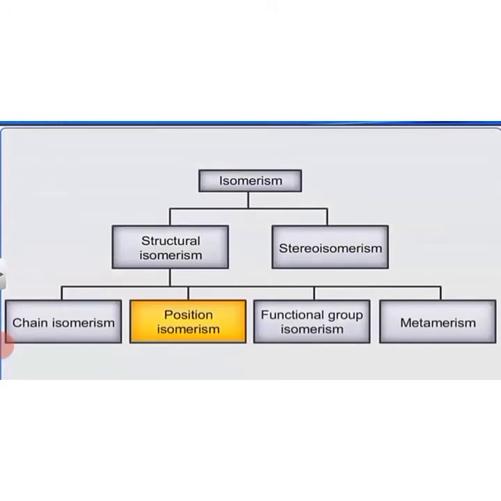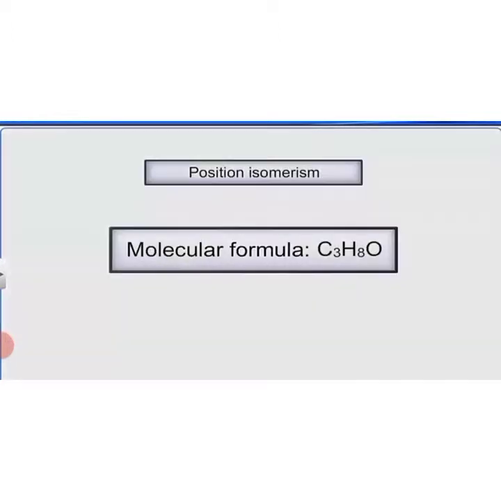Compounds that have the same molecular formula, same chain, but which differ in the position of the substituent or functional group are known as position isomers, and the phenomenon is known as position isomerism. For example, the molecular formula C3H8O represents two position isomers.